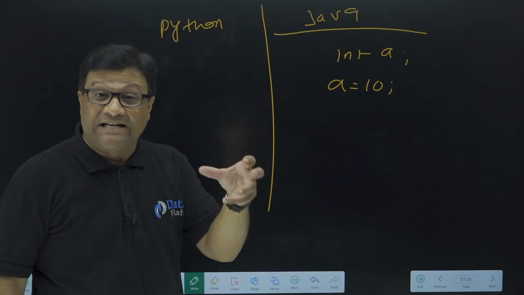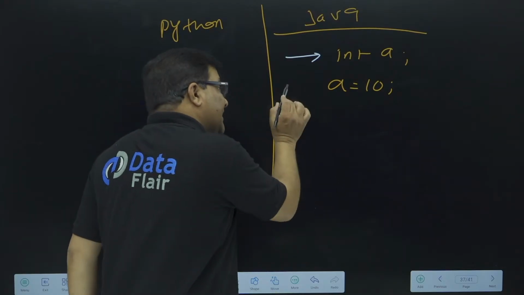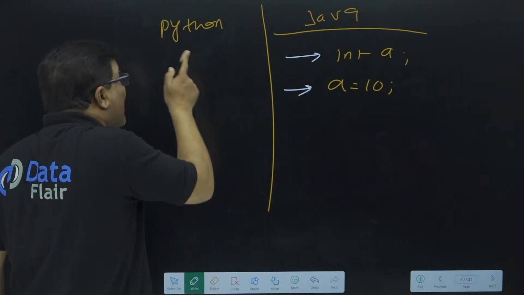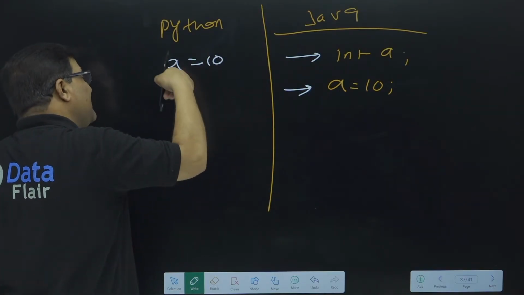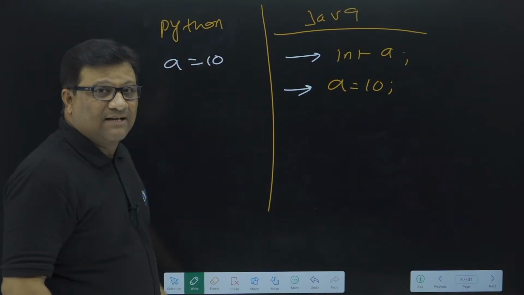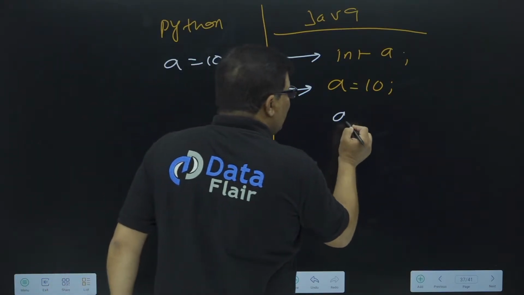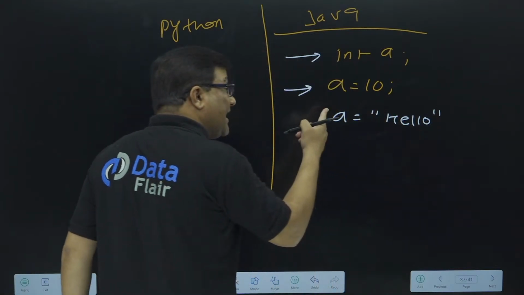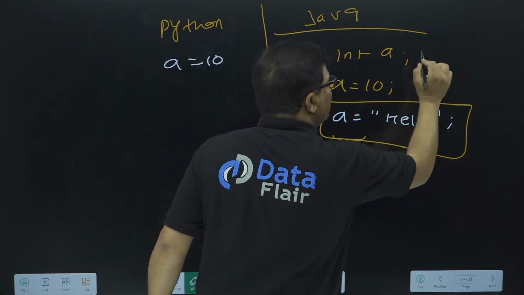First you have to declare the variable, then only it allows you to assign the integer value inside it. While in Python, simply you can write a equals to 10, so dynamically your object type is assigned int. Even in Java, if you try to store hello in this a, this is an error. Why? Because you declared this variable as a type of integer.